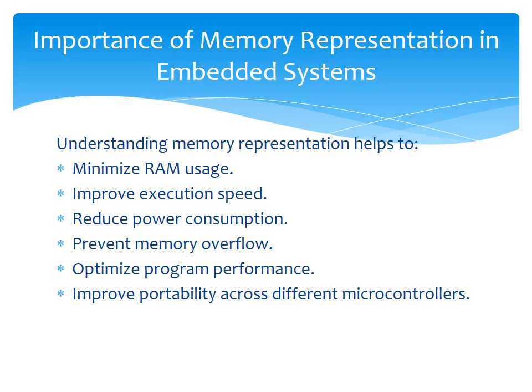The next is the importance of memory representation in embedded systems. As we all know, an embedded system has only limited memory capacity and lower power consumption. When you use more memory, the RAM usage will be larger and the power consumption will also be higher.